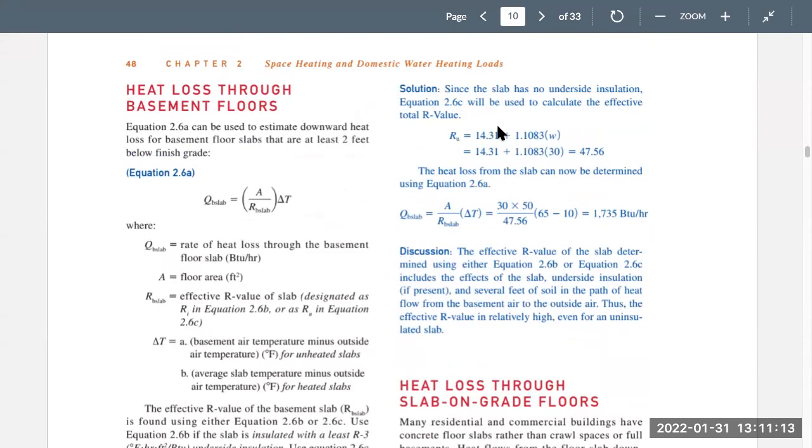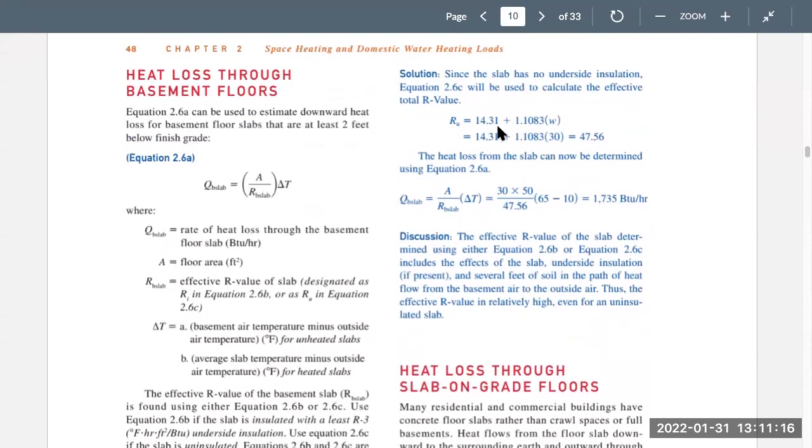When we were doing ours, we had an R value, RE, the total effective R value of our slab in our single story house, and we had 11 in there. So that goes if you have a slab. This goes if you have a basement.